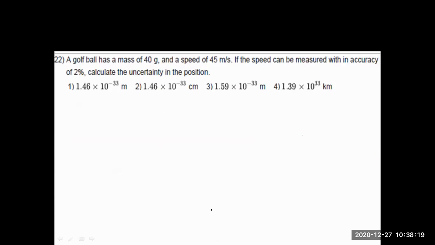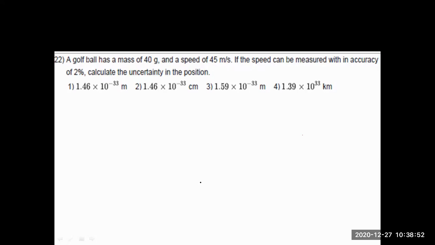22nd. A golf ball has a mass of 40 gram and a speed of 45 meter per second. If the speed can be measured within accuracy of 2%, calculate the uncertainty in the position. Uncertainty, this is related to Heisenberg uncertainty principle. It is impossible to measure both position and momentum of a subatomic particle simultaneously and accurately.